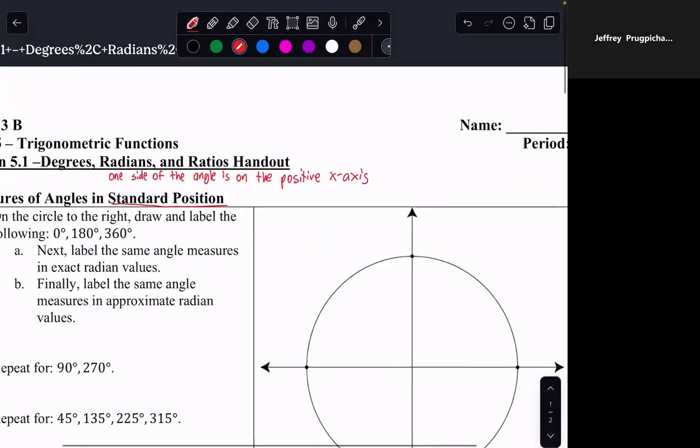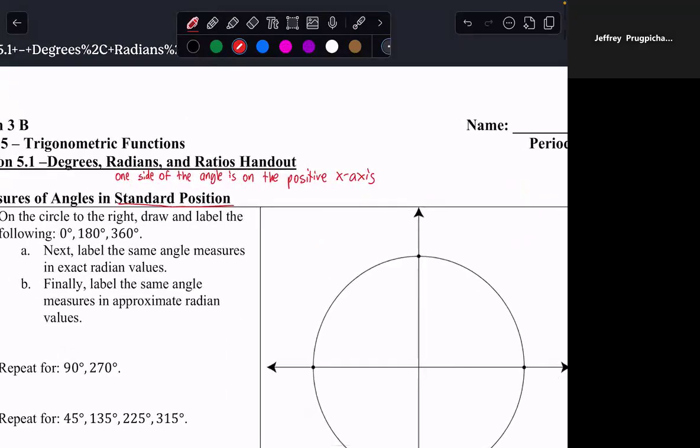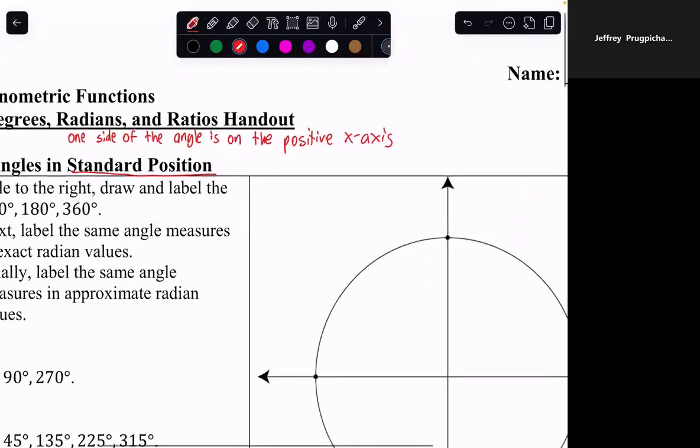With that requirement, we can make sure we're all talking about the same thing. The formal definition is a little bit more complicated than that. I'm just simplifying it because we don't have all the words needed yet.